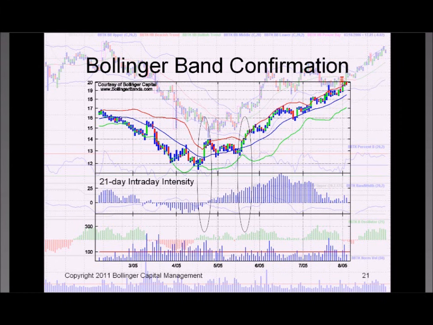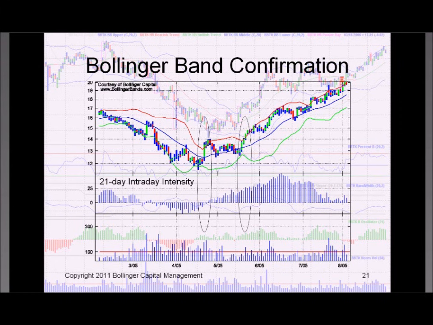It will start to build up negative values if we start closing near the lows. And it incorporates volume into its calculation. So a rally that occurs on low volume will produce very poor levels of intraday intensity, but a rally that occurs on very high levels of volume will produce very high levels of intraday intensity.